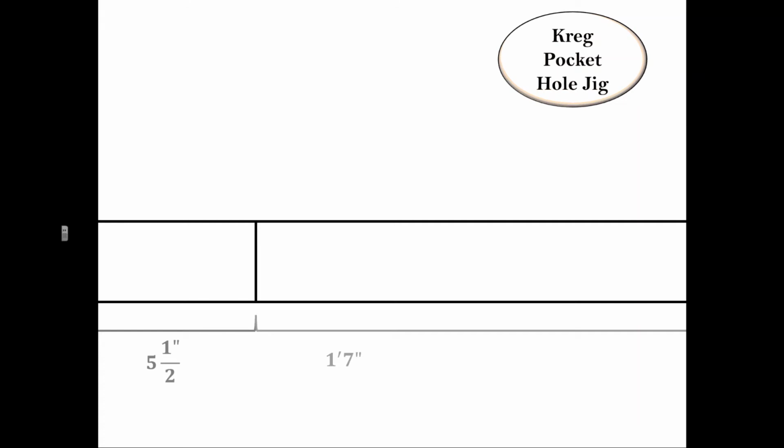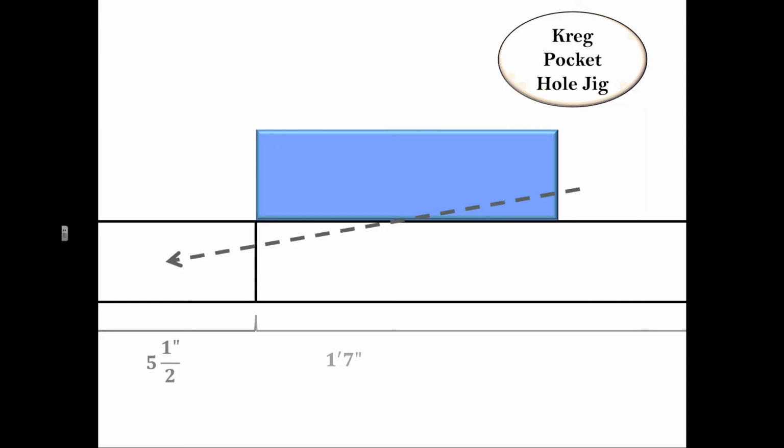Because no screw will go through all of that, we use a Kreg pocket hole jig. This will allow us to drill the screw in at an angle, a 10-degree angle to be precise.